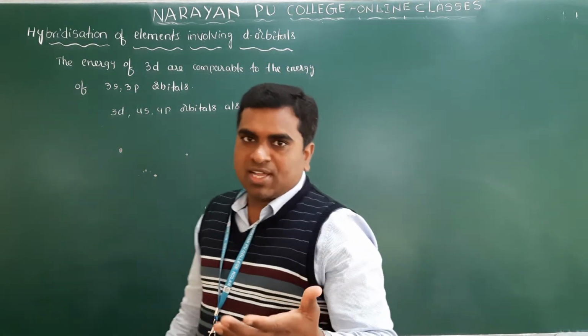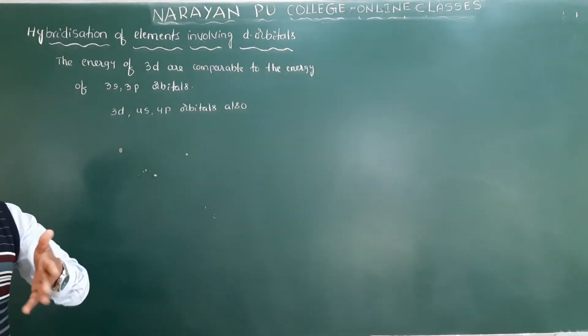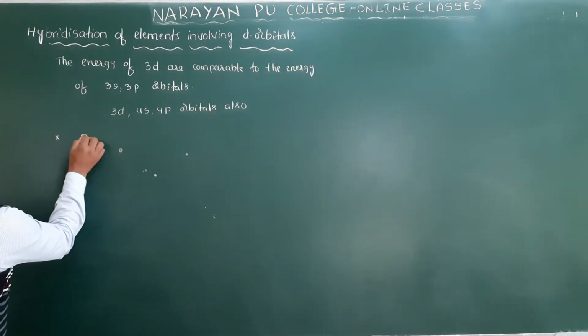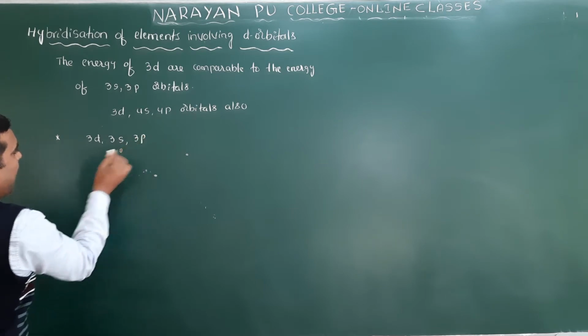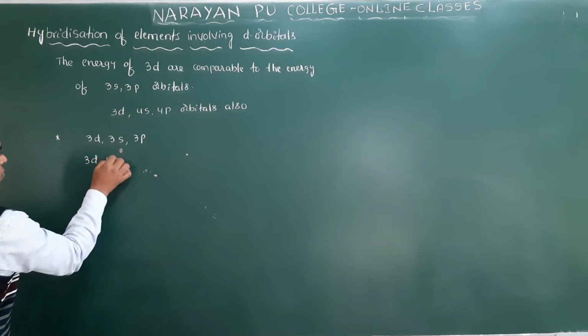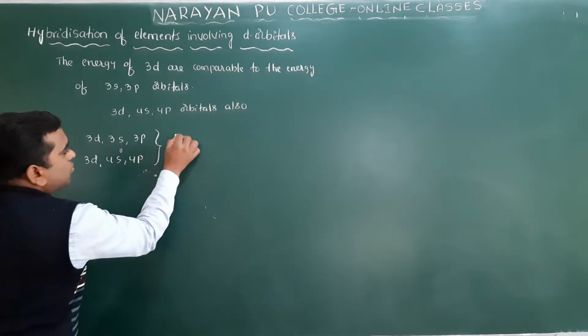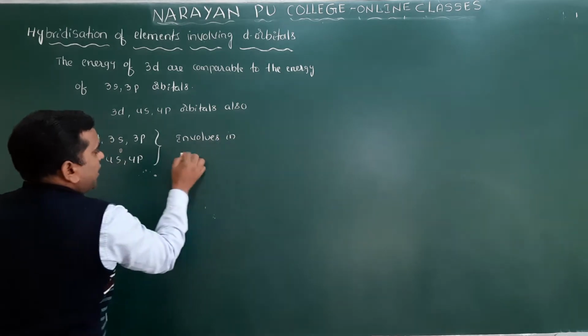Means energies are not exactly equal, but almost comparable we can say. So that's why in the hybridization, 3d, 3s, 3p or 3d, 4s, 4p orbitals are involved in hybridization.